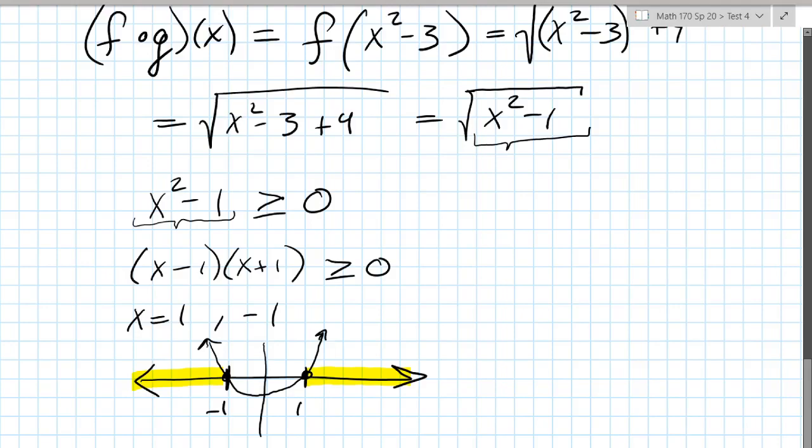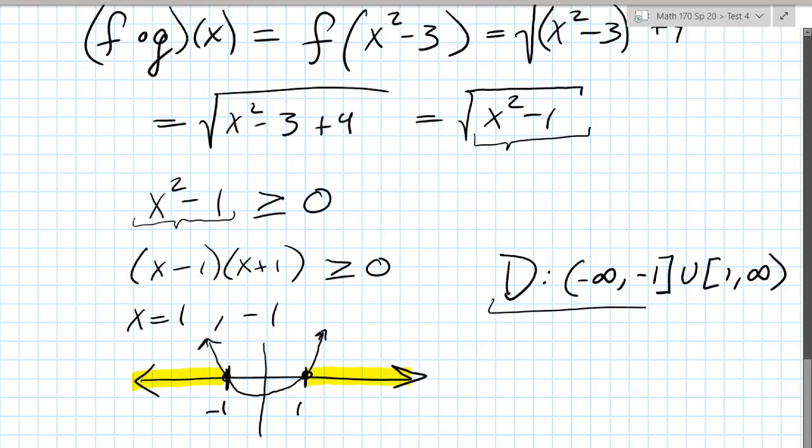So in this problem, our domain is from negative infinity to negative 1, inclusive, because it's okay to take a square root of 0, that would be fine, union from 1 to positive infinity. Again, it would be okay to have x equal 1 because 1 squared minus 1 is 0, and it's okay to take the square root of 0. And there is my domain.